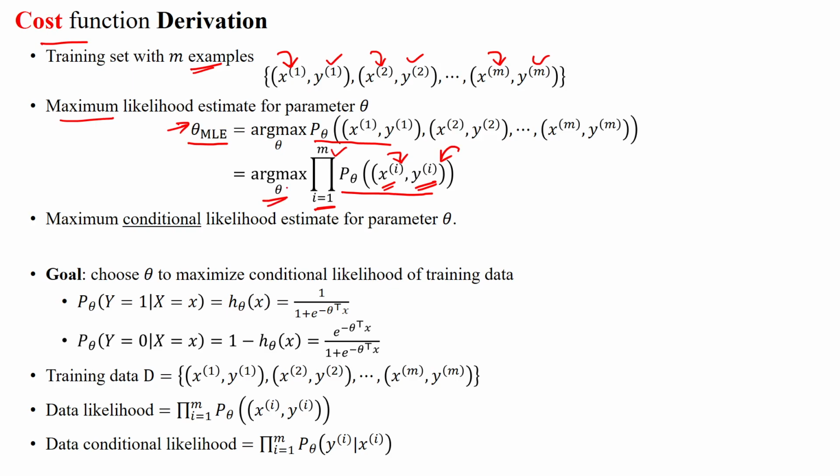Then we will estimate the maximum likelihood value with respect to the parameter theta. So here we are calculating the maximum conditional likelihood. Conditional likelihood will have the product of those sample values. And here the aim is to choose the maximum conditional likelihood parameter based upon the given training data.